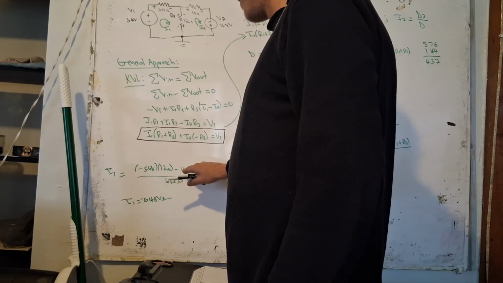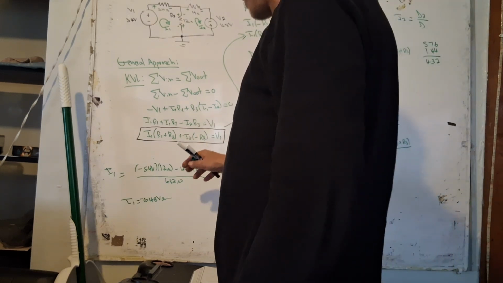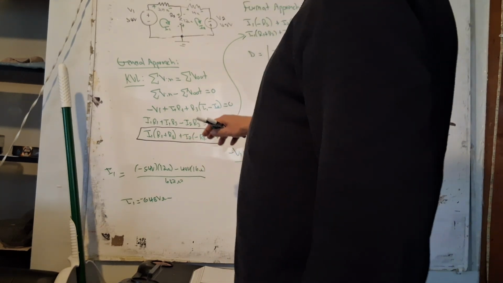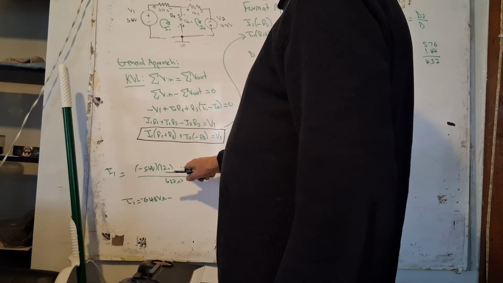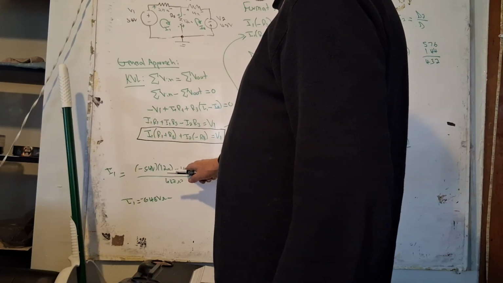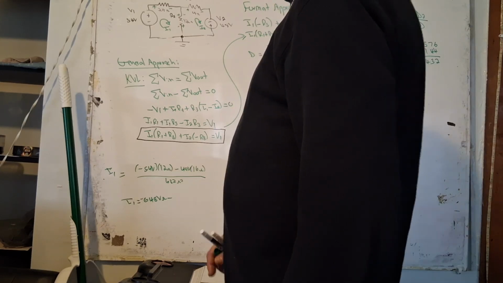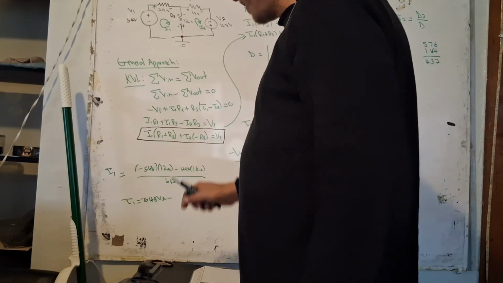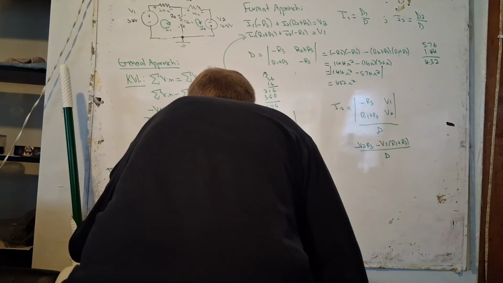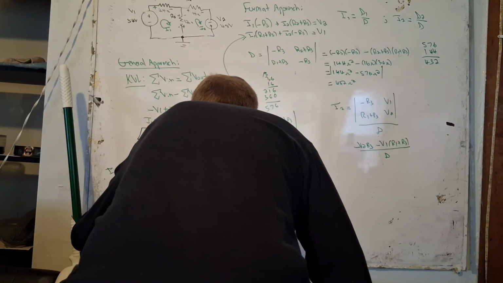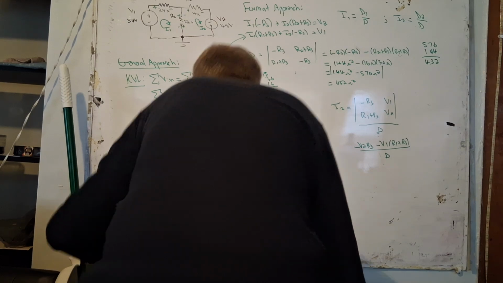Half of 48 is 24. So 240 and 480, 720, and then 720 plus another 48, 768, minus 7, volt ohms divided by 432 ohms squared.